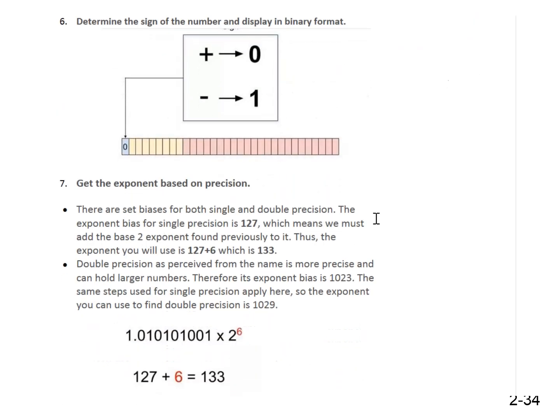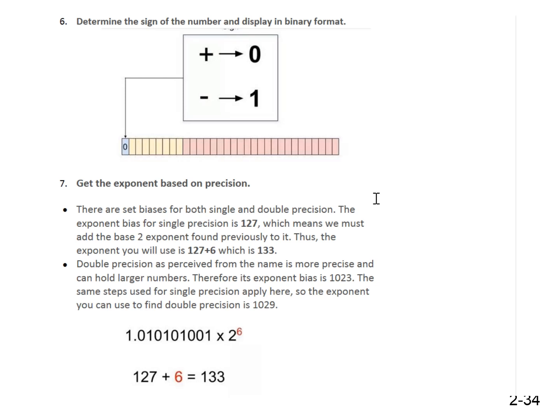So we have to then add the bias to the exponent. Now, the developers of this system could have used 2's complement for the exponent. They did not. For various reasons, they decided to use a bias. And the bias gets added to the exponent.